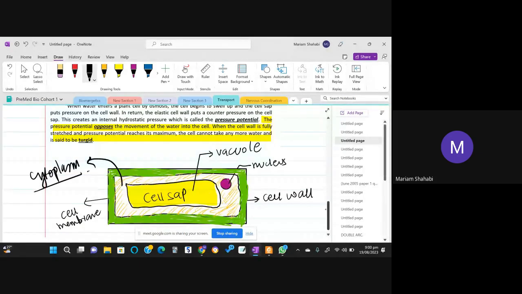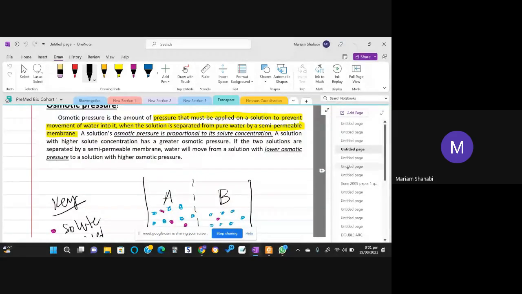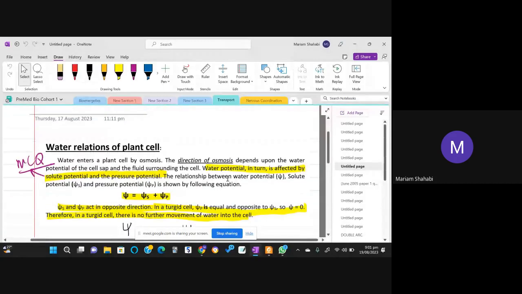Okay, now water is slowly coming in. It is absorbing water. As a result, the vacuole will become large. I have the diagram on the next page.